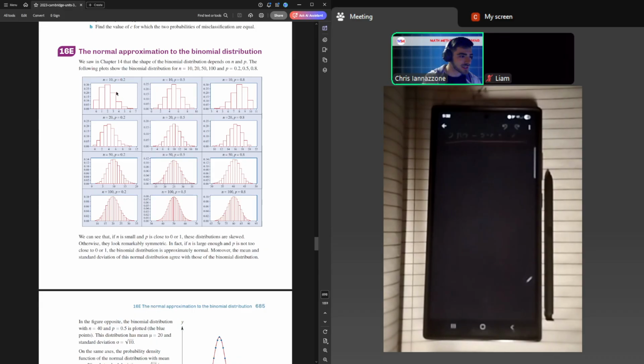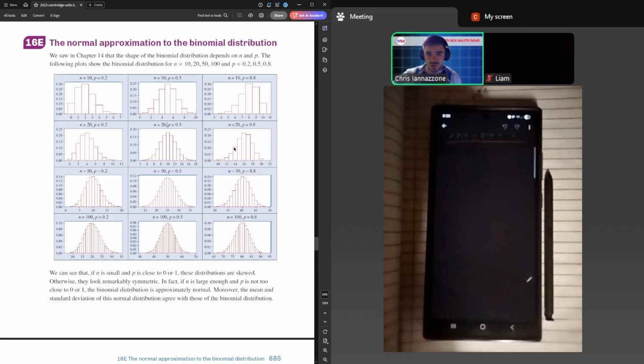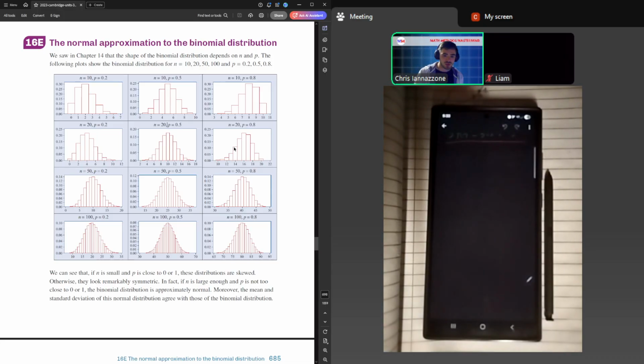So for n equals 10, the distribution is skewed in different ways depending on where the p-value, the probability of success, is. But for the same values of p, as you increase n, the number of times you do the thing, the distribution starts looking much more like a normal distribution.